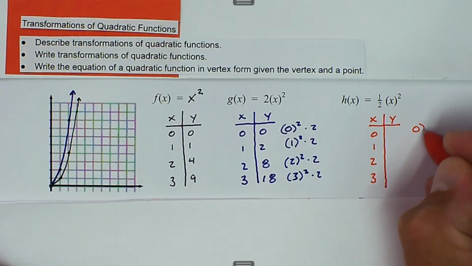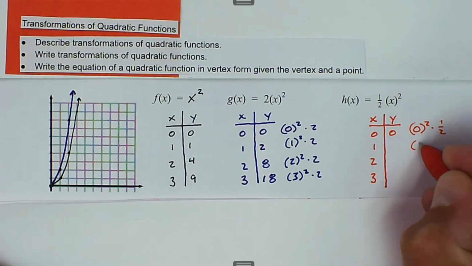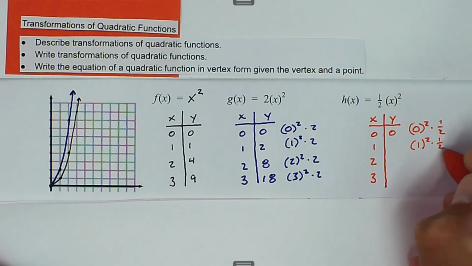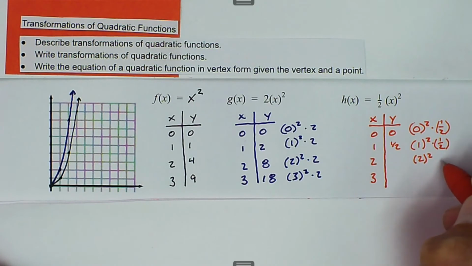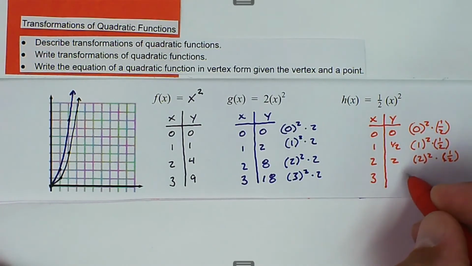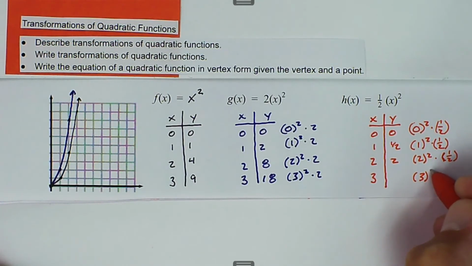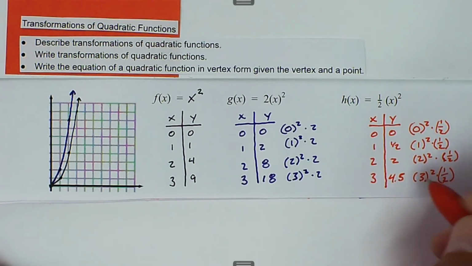So 0 squared times 1/2 is still 0. 1 squared times 1/2, let's put that in parentheses. 1 squared is 1 times 1/2 is 1/2. 2 squared times 1/2. 2 squared is 4 times 1/2 is 2. And 3 squared times 1/2. 3 squared is 9 times 1/2 is 4.5.